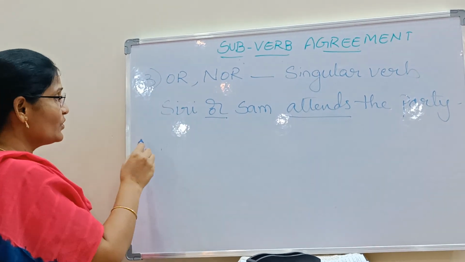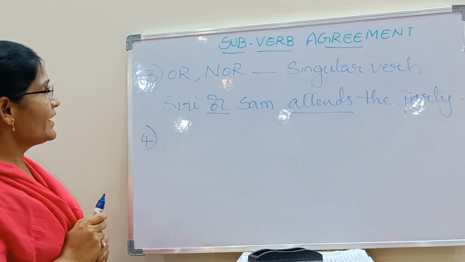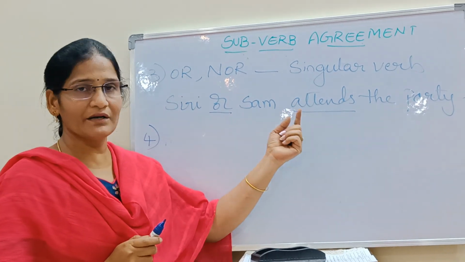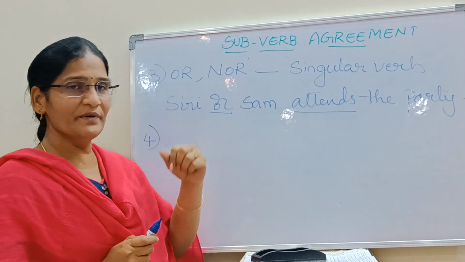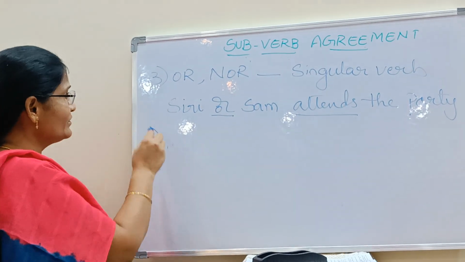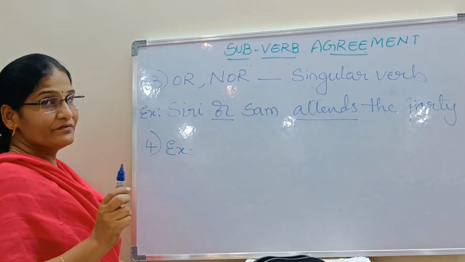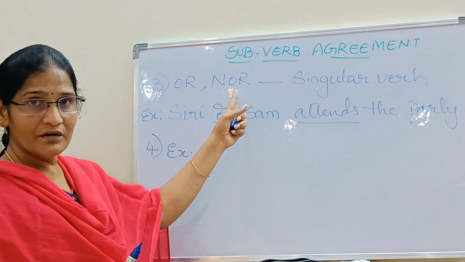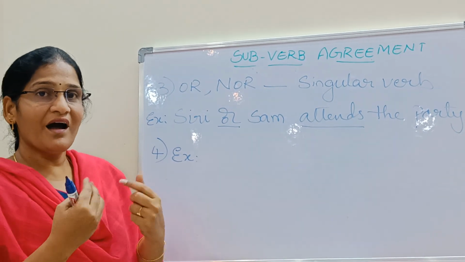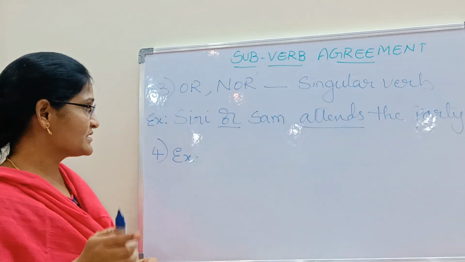And in this only, the fourth rule also I include. Sometimes, when both are singular, no problem, you can use the singular verb itself. Sometimes one is singular and the other one is plural. I will give another example for that also. Whenever we use "or," "nor," and one noun is singular and the other noun is plural, what form of the verb do we use?